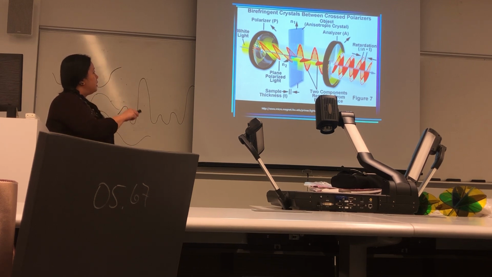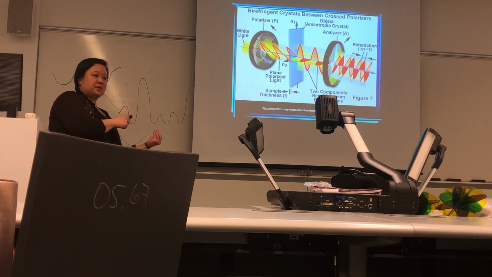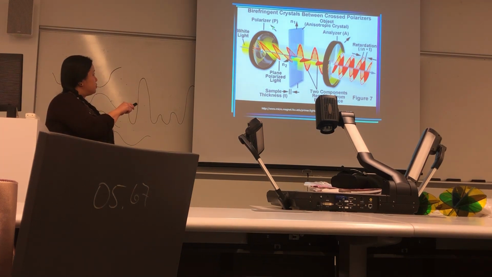You've got your white light coming from the bottom of the microscope. It hits your polarizing filter, and in this particular situation, the polarizing filter is only letting light that vibrates in this direction through. And that's why you see this, okay?